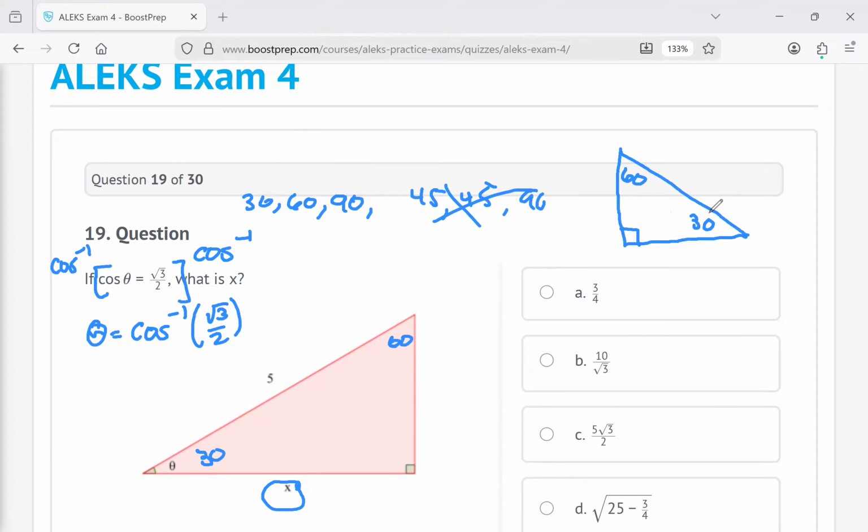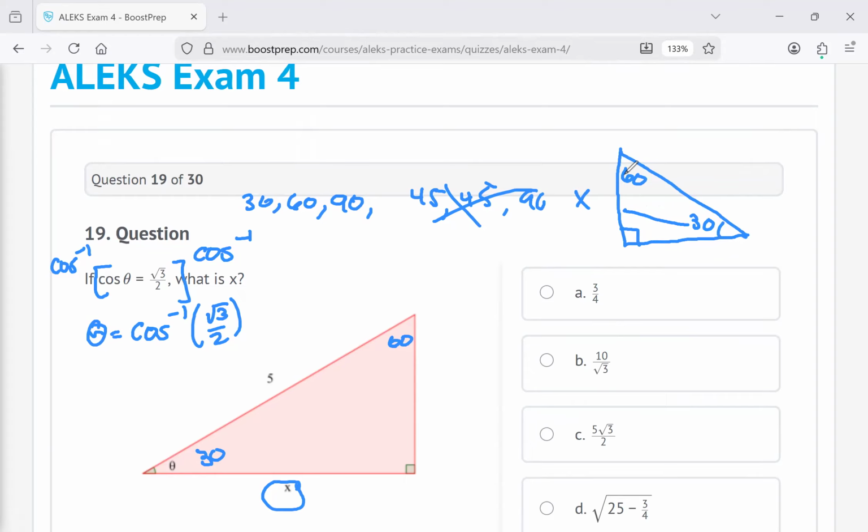So the rule for 30, 60, 90 says that the angle 30 has a side length of x.